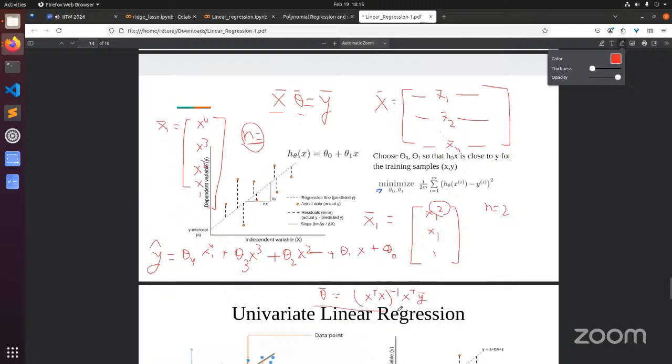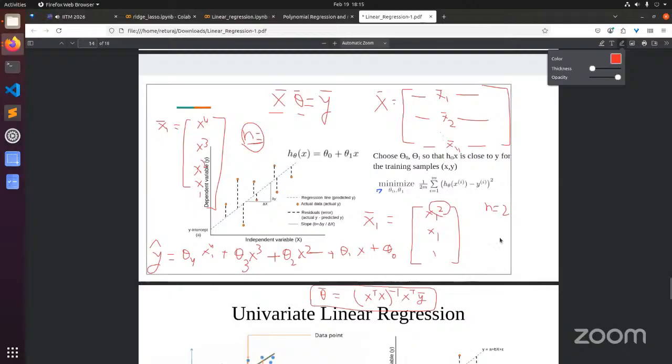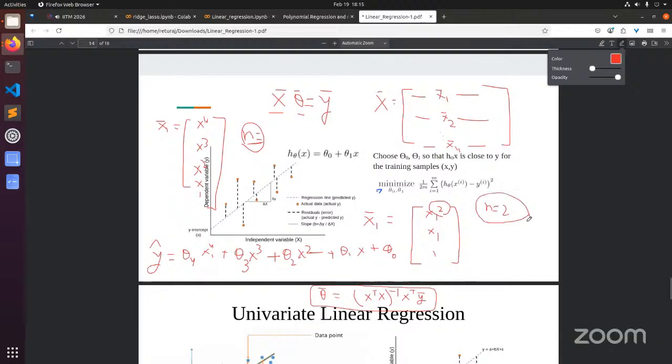So we got the theta value, and this was the answer. The only hyperparameter that we have is the degree of the polynomial. If you fix the degree of the polynomial, there is no unknown. There is no other hyperparameter. Is this part clear?